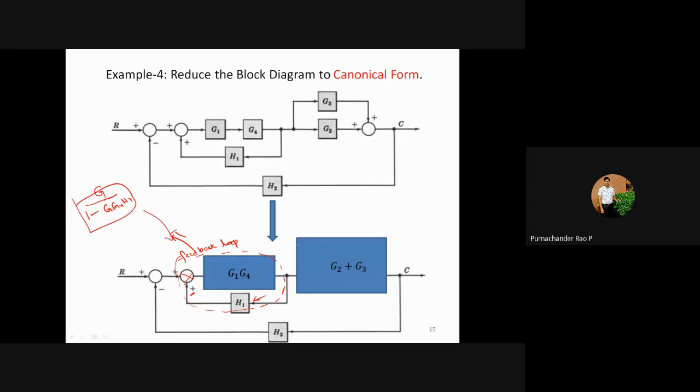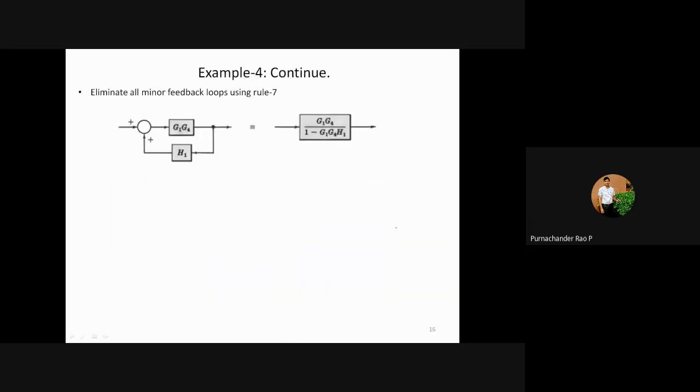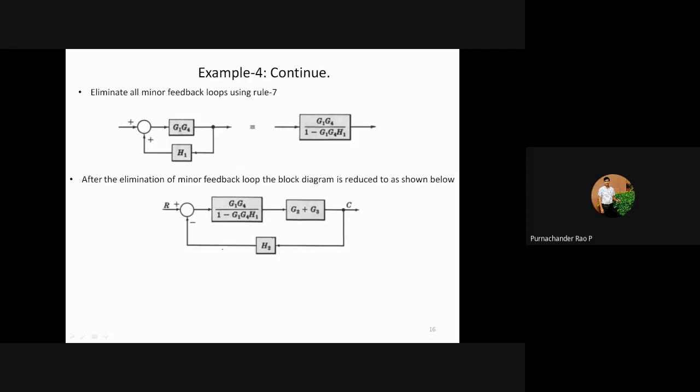So when you represent this, this complete block and this block both are in cascade. So the first one is eliminated as this one, and next one is G2 plus G3. So these two are in cascade, and therefore the resultant value will be now G1 G4 into G2 plus G3. Okay, so this is the resultant of these two blocks.